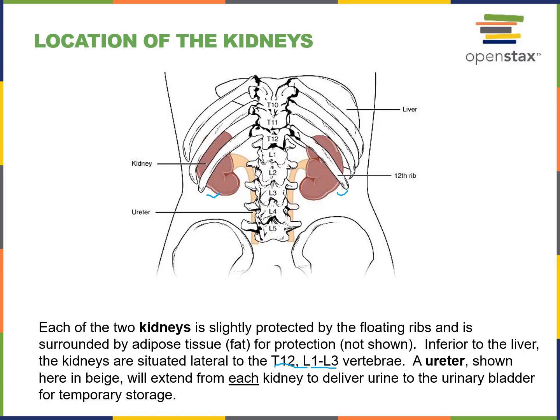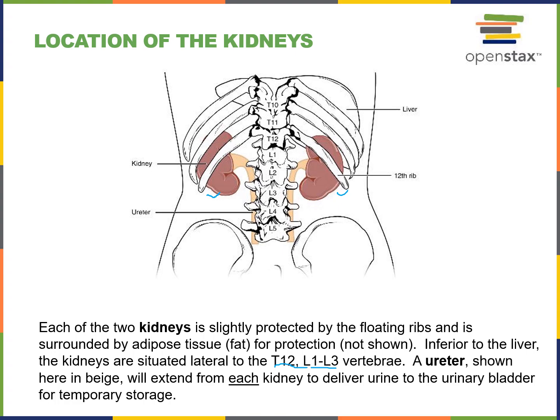So a little experiment you could do is if you take your hand and put it at your waist, so your thumb is pointing behind you, and you stick your thumb up, the tip of your thumb is roughly touching the bottom of your kidney, and that would give you an idea of where the kidneys are located.